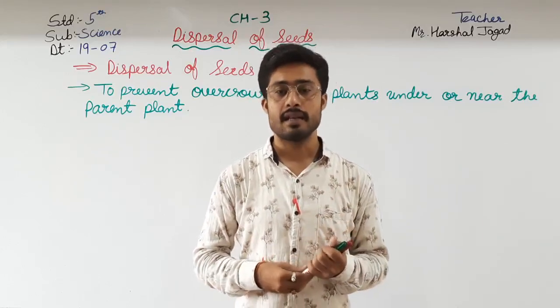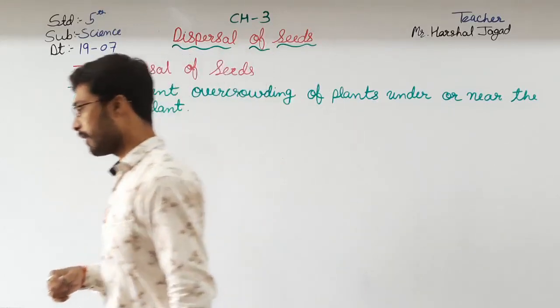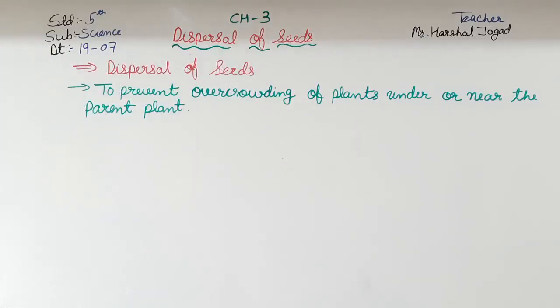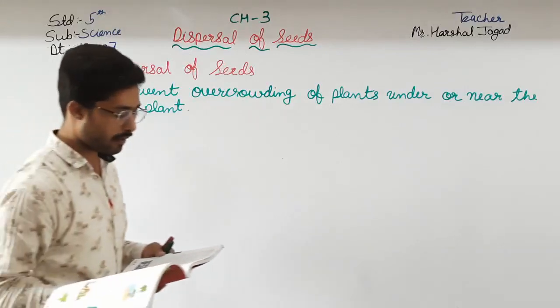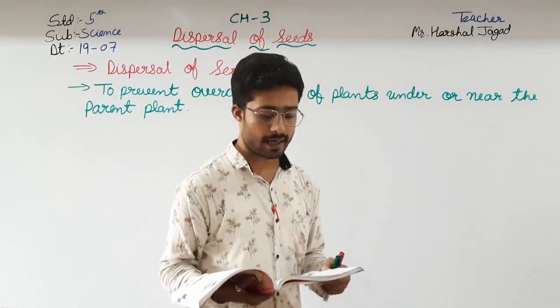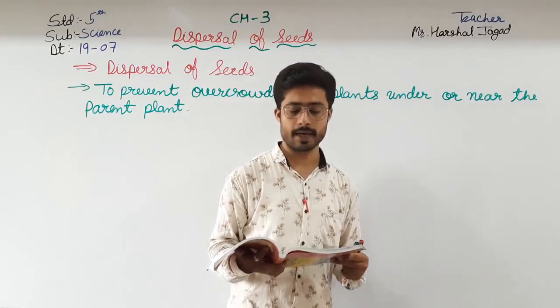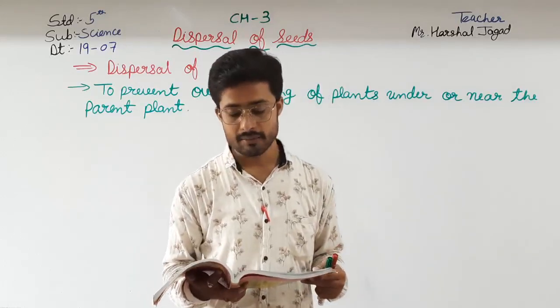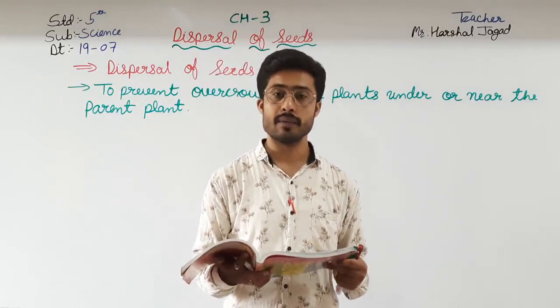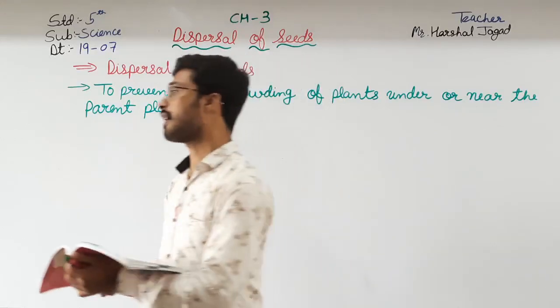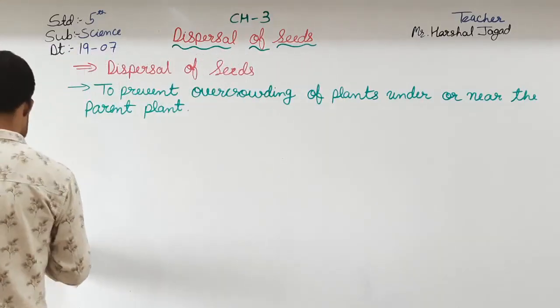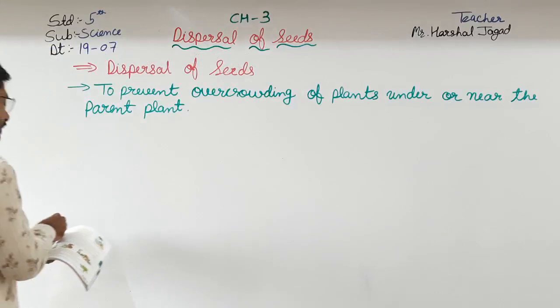Okay students, now the next point: natural resorts to scattering of seeds away from the parent plant. Seeds are dispersed by wind, water, animals, birds and human beings. So how are the seeds dispersed?